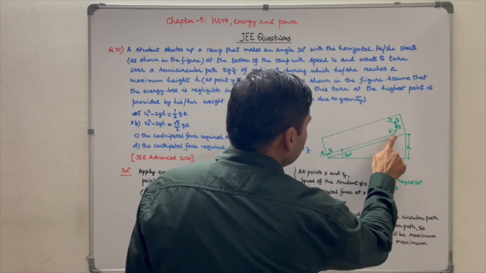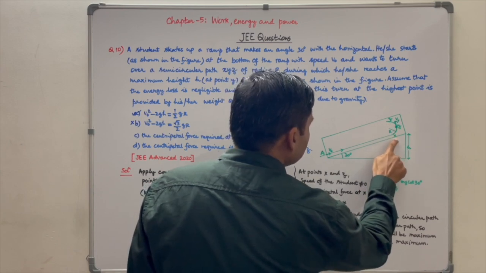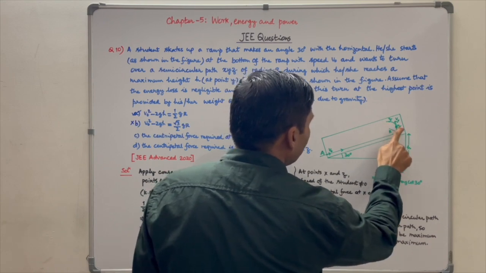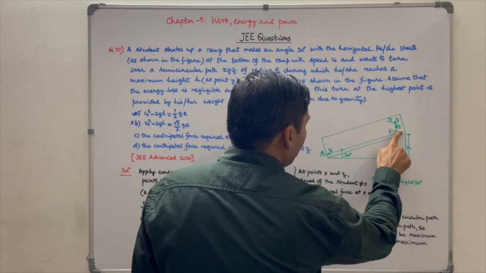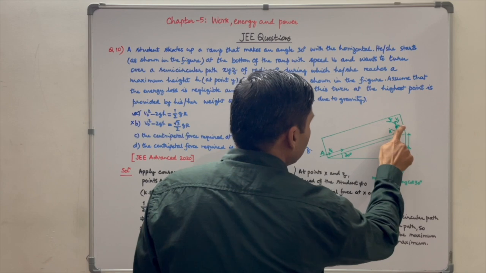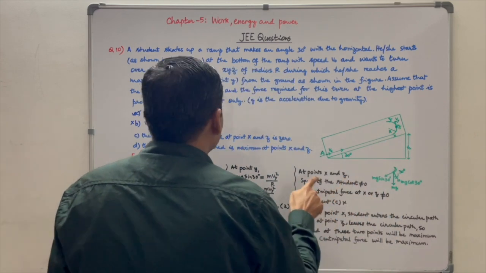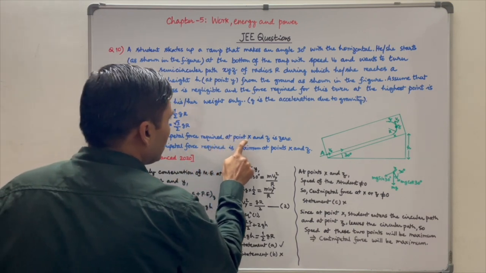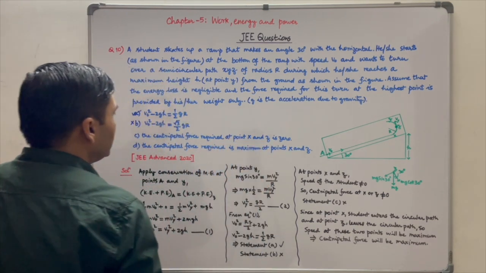So speed of the student at points x and z, which are at the same height, will be more than at y. So centripetal force at points x and z will be more than that at y. So statement C that says the centripetal force required at points x and z is 0 is incorrect.